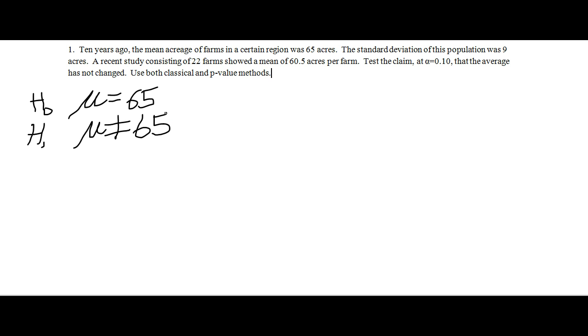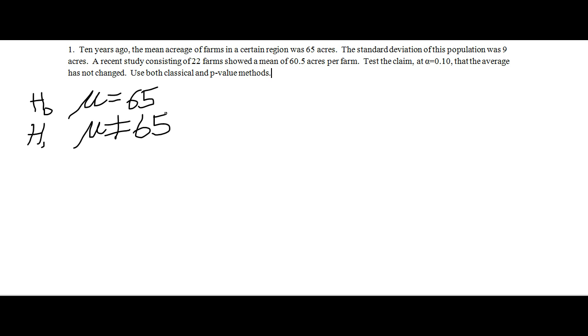So when I figure the p-value, the way I'm going to do this is I first have to calculate the z-score. The p-value basically is saying this: let's assume that 65 acres is the true population mean. What is the probability of getting a value of 60.5 acres or more extreme?